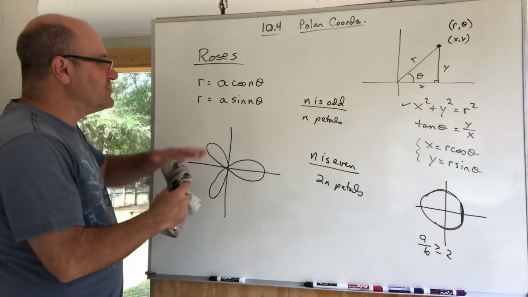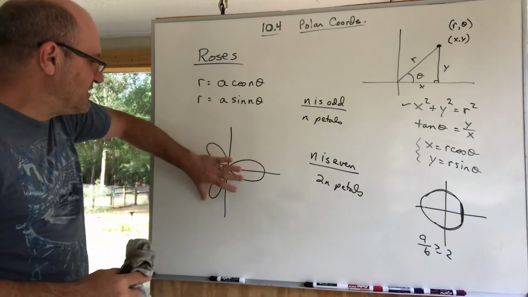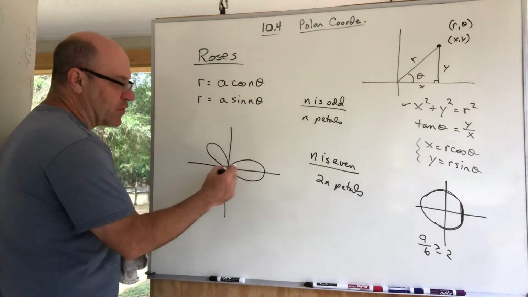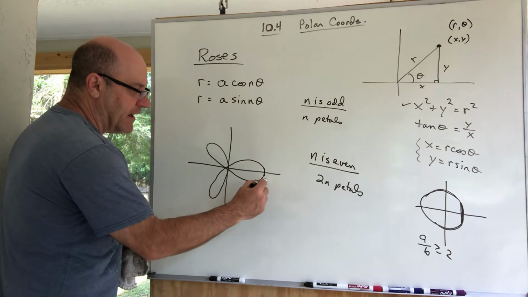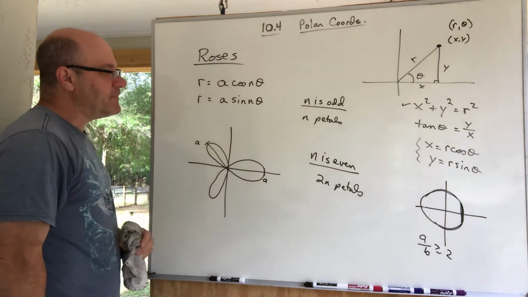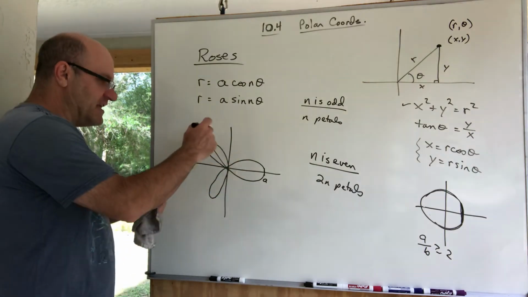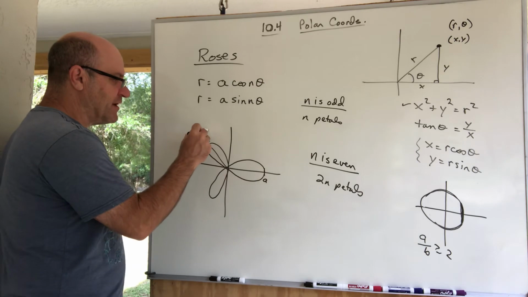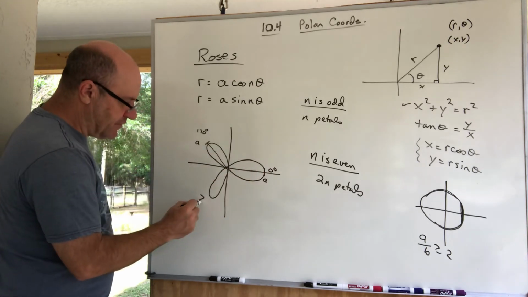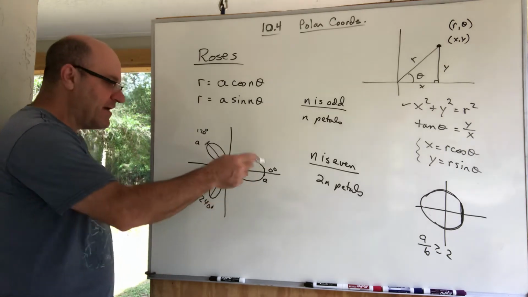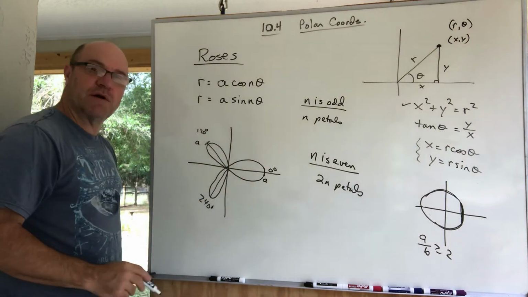And again, the cosine or sine kind of rotates it a little bit. And this A is sort of the extreme length of the petal. The petals are evenly spaced apart, so this one is at 0, this one's at 120 degrees, 240 degrees, 360 degrees, you're back there. I could also talk in radians, of course.